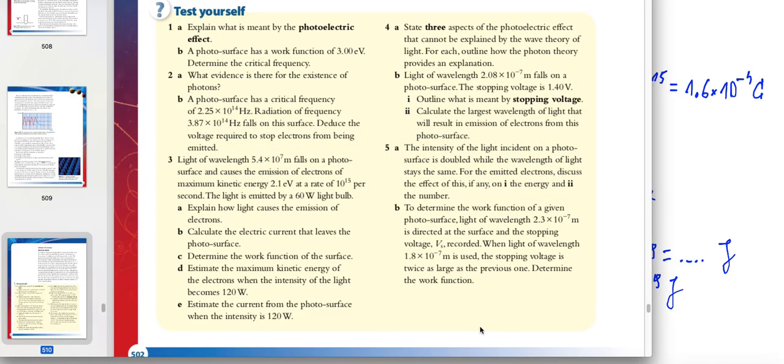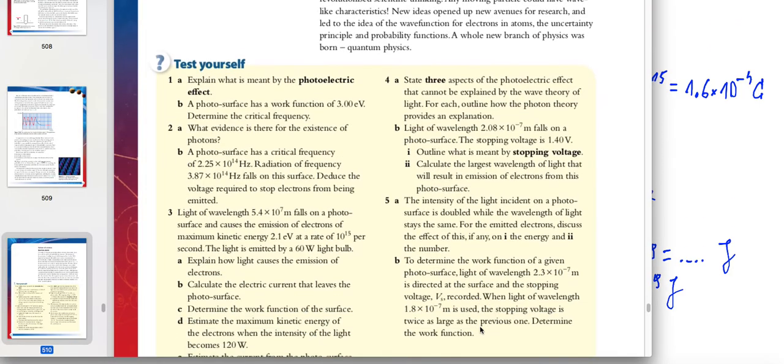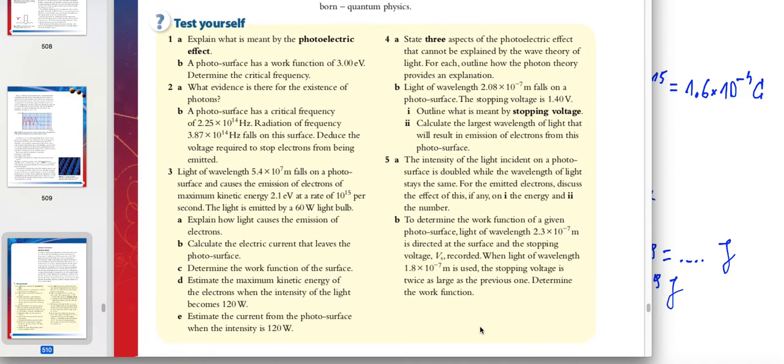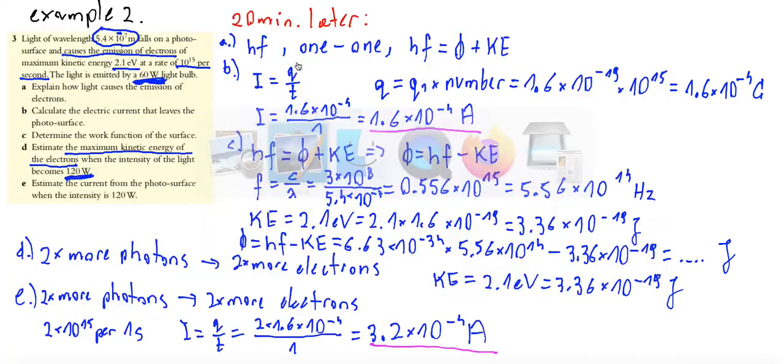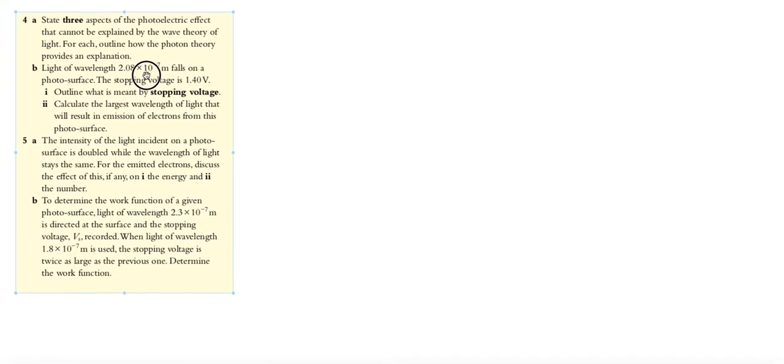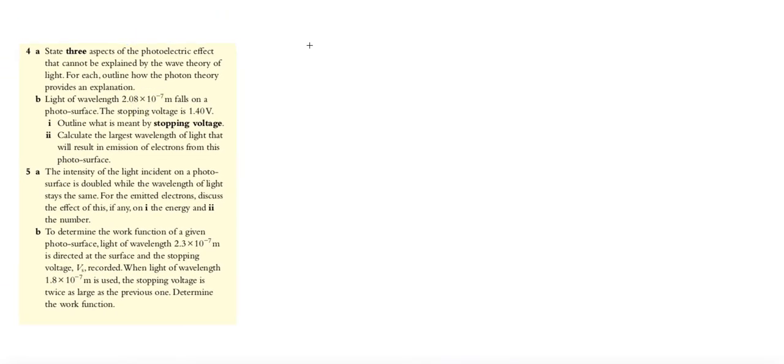Okay, so let's open SOCOS, still on 502, and your homework is exercise number 4 and exercise number 5. I will upload this lesson as an assignment, because your task will be to include the solutions of these two exercises.